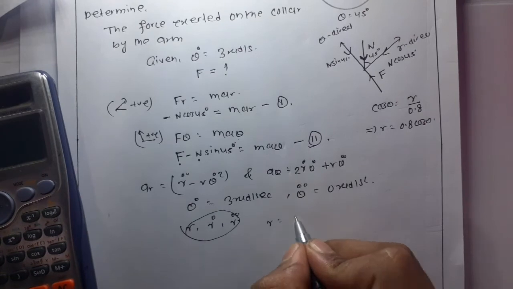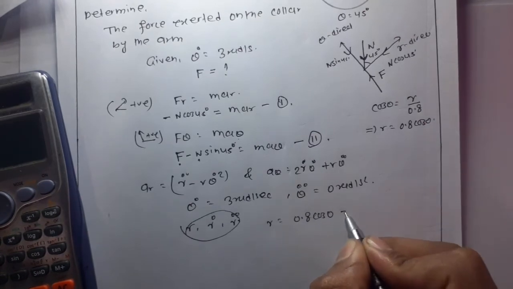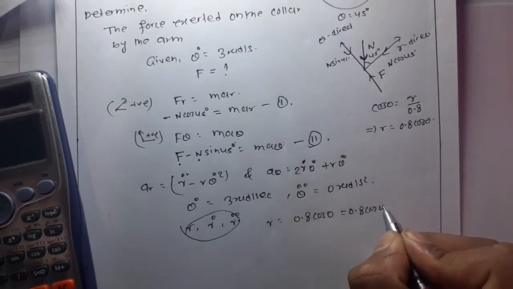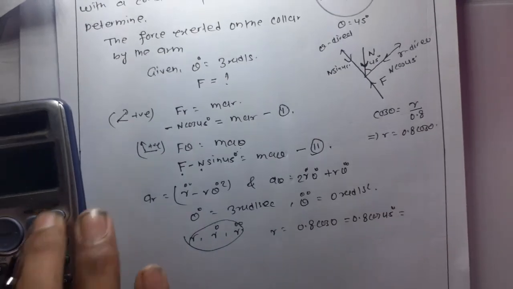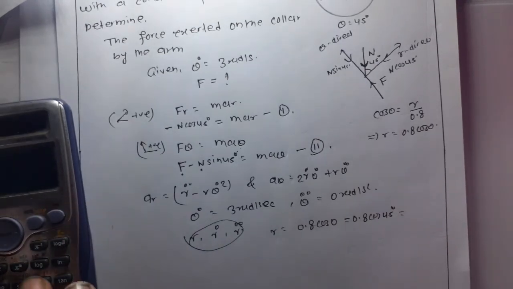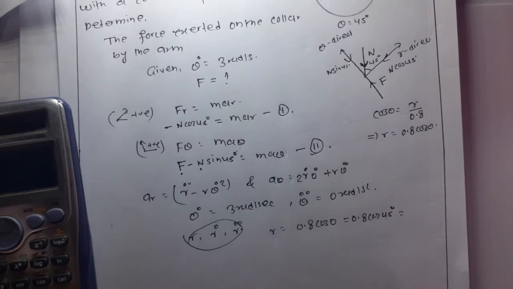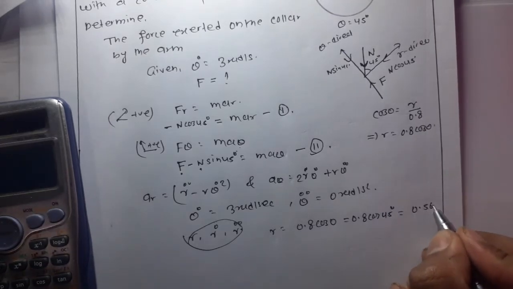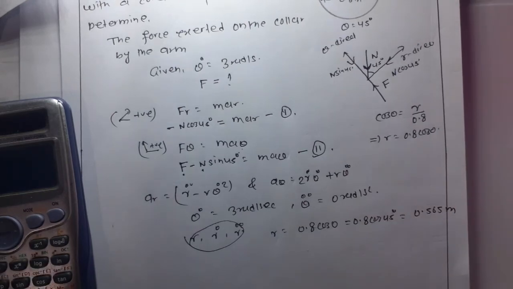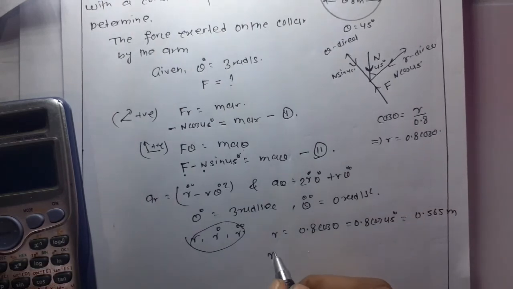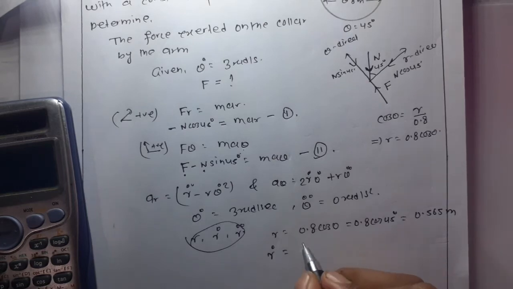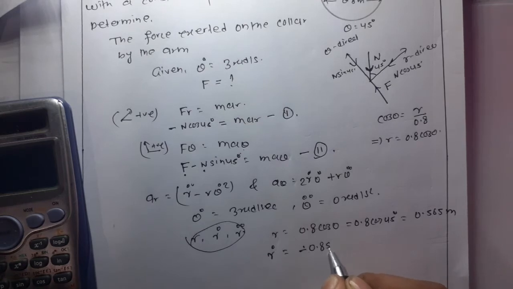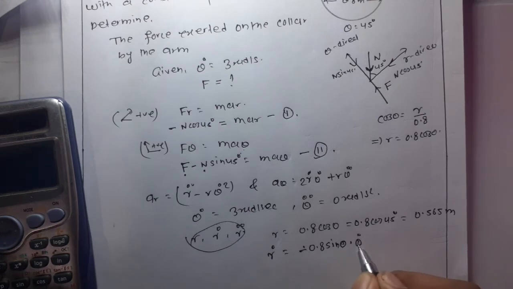So r is equal to 0.8 cos theta, and theta is 45 degrees, so this is 0.8 cos 45 degrees. So this is 0.565 meter, and r dot is the derivative of 0.8 cos theta. So this is minus 0.8 sin theta, since the derivative of cos theta is minus sin theta, and the derivative of theta is theta dot, right?